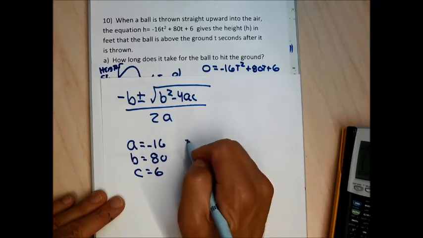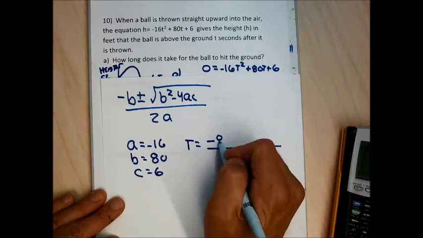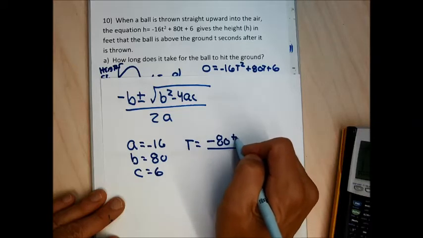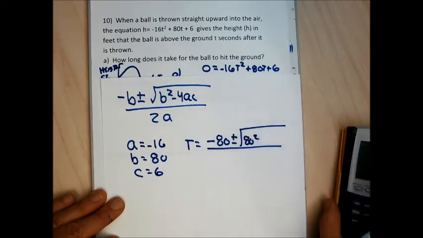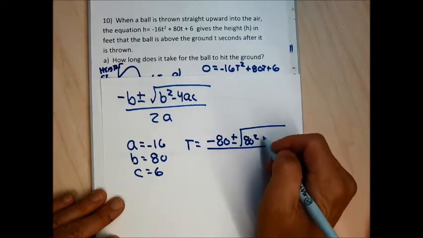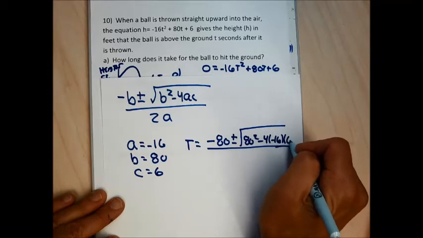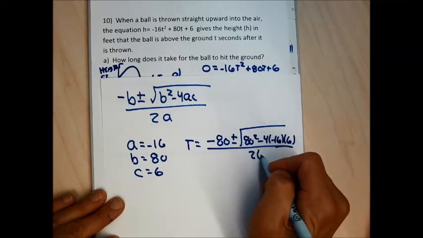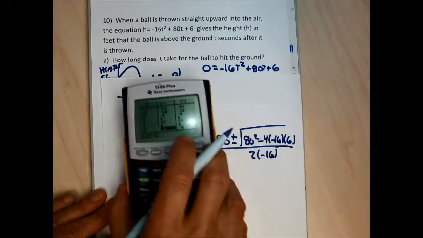I'm going to go t equals fraction -b, which is -80, plus or minus the square root of b squared, which is 80 squared, and then minus 4ac, which is minus 4 times -16 times 6, over 2a, which is 2 times -16. I'm going to figure out what that equals.